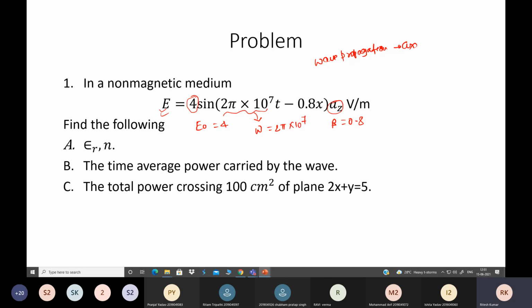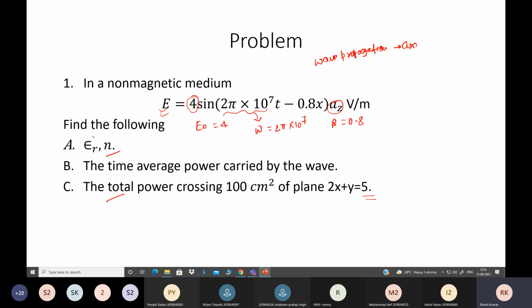Now we have a non-magnetic material, so we will see the properties of a non-magnetic material. In the first half of the problem, we are asked to calculate the relative permittivity and intrinsic impedance. Then the time average power carried by the wave, and the total power crossing 100 centimeter square of a given plane, that is 2x plus y equal to 5.